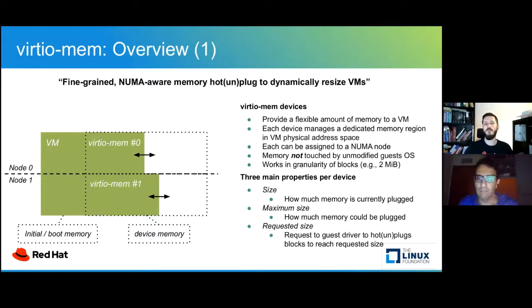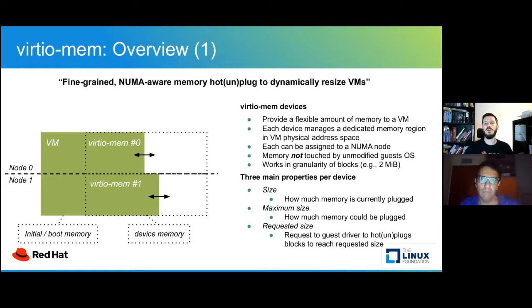Internally, virtio-mem works in a granularity of blocks, for example, 2 MB blocks, but they can be significantly bigger. And a virtio-mem device itself has 3 main properties. On the one hand, it has a size, which corresponds to the amount of memory a virtio-mem device currently provides towards a virtual machine. It also has a maximum size, which corresponds to the maximum amount of memory that could be provided via a virtio-mem device towards the virtual machine.